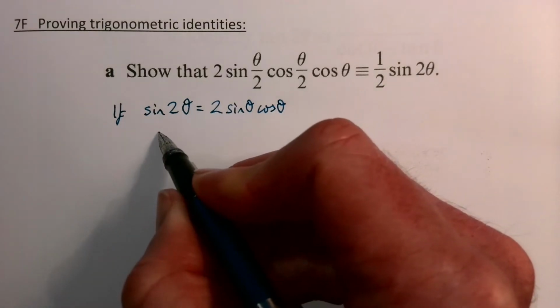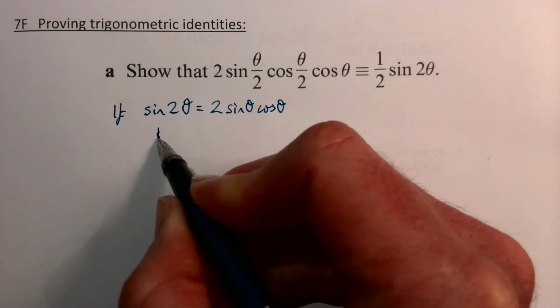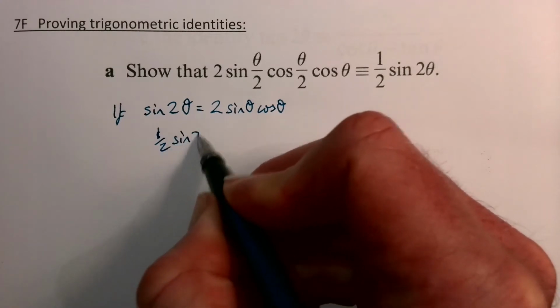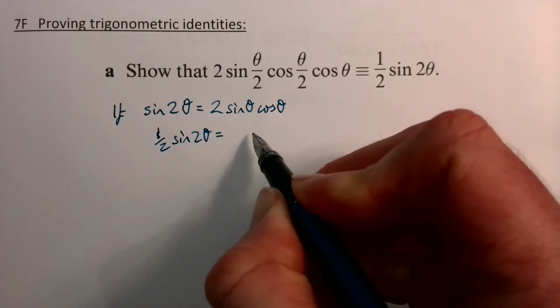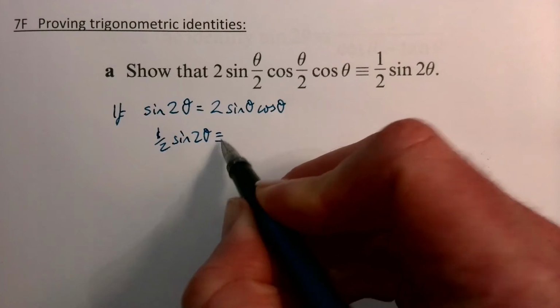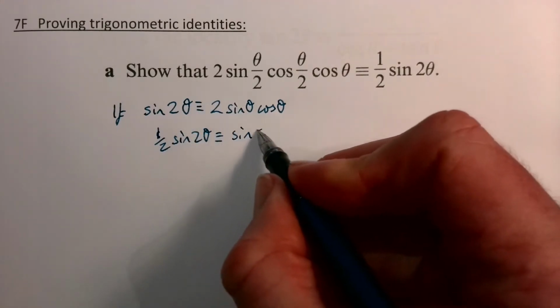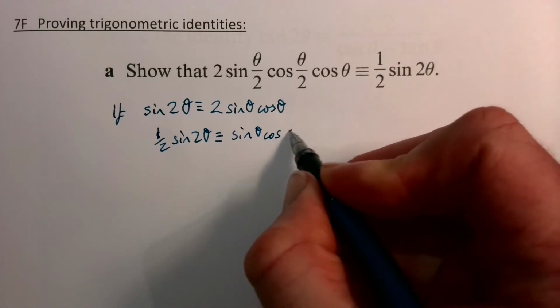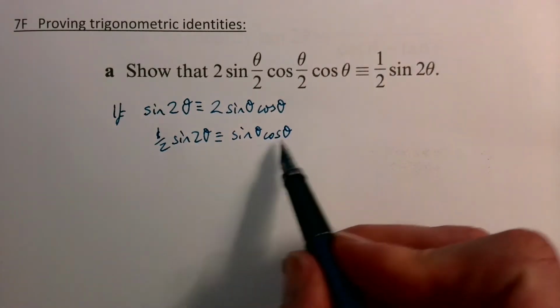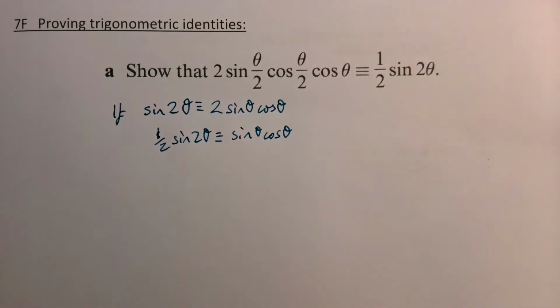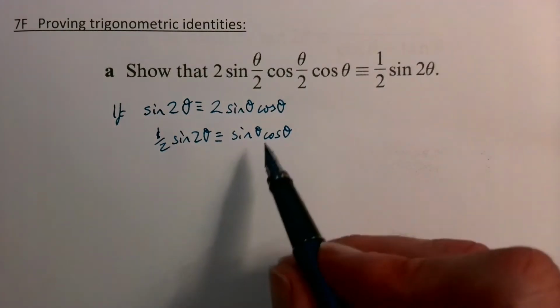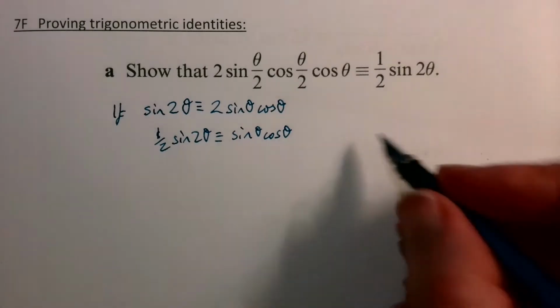So we can say that a half sine 2 theta is going to be identical to sine theta cos theta. Now it might not look like we've got that close to the left hand side yet, but we have.